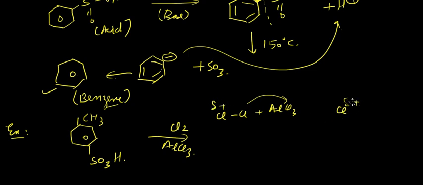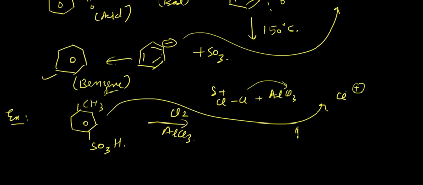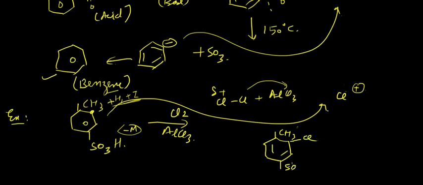This positively charged chlorine would be attacked by the phenyl ring as an electrophile. This CH3 is a plus H and plus I group, and this SO3H is a minus M group. So obviously Cl would be attached to the ortho position of the activating group, which is CH3 in this case. We would get something like Cl here, and obviously double bonds here, and SO3H here.